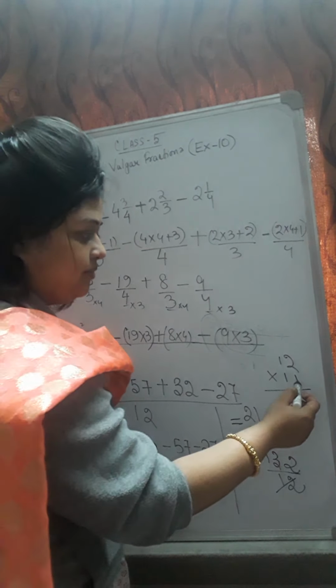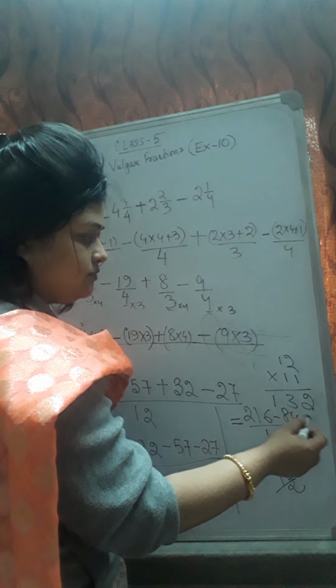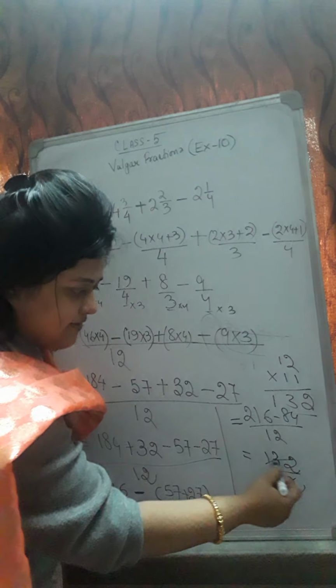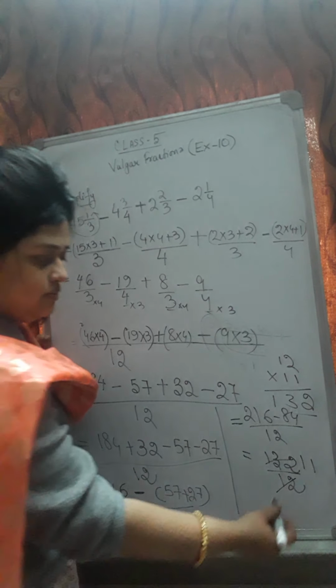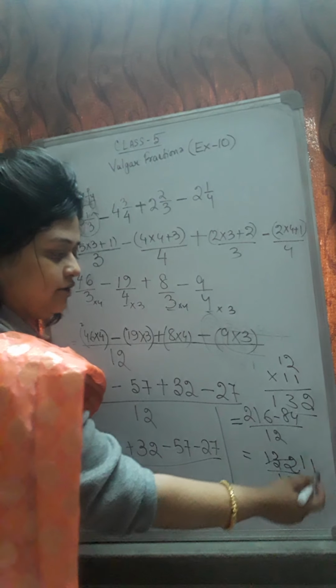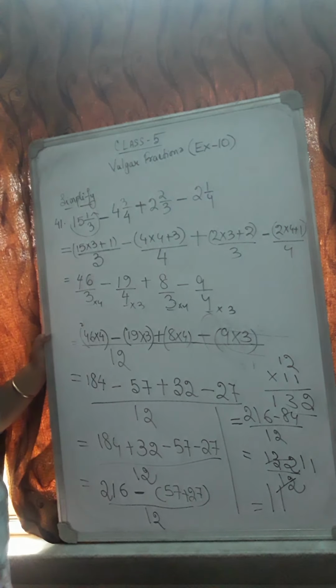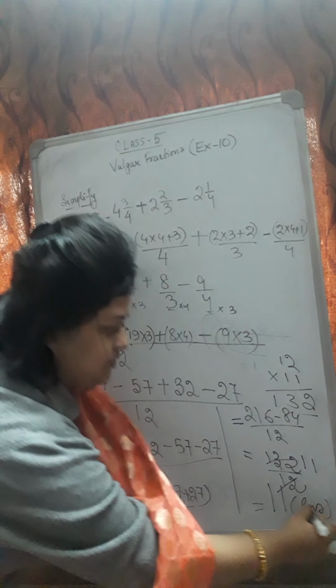Otherwise, it will be a problem. So it is 132. So 12 11s are 132. So what you have? Down you have nothing because we have cancelled with 12 only. And top you have 11. So the answer of the question is 11. So this is the answer of the simplification.